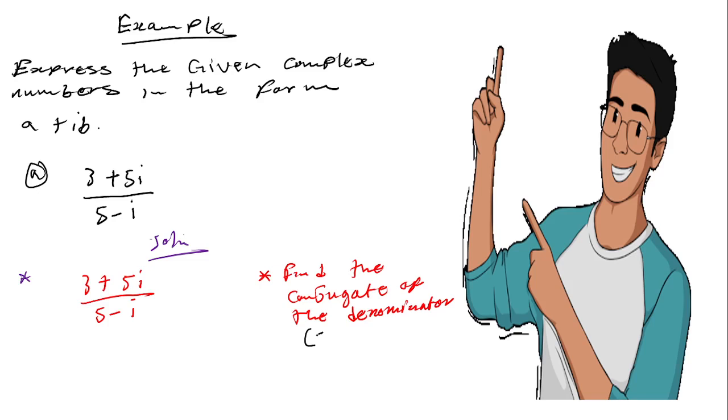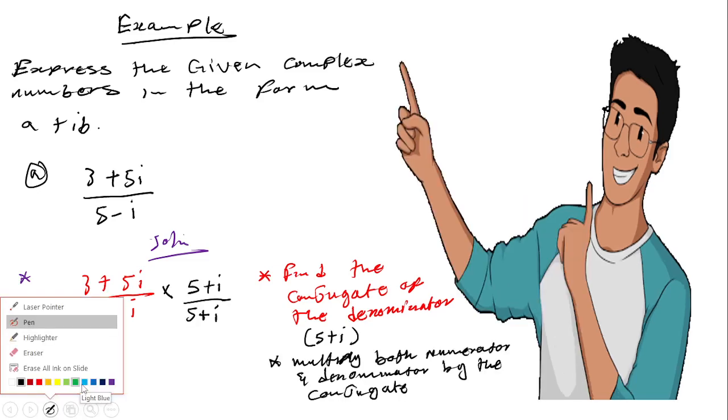In short, you're going to multiply 5 plus i by 3 plus 5i, and also 5 plus i by 5 minus i. With this in mind, you can easily work on it.